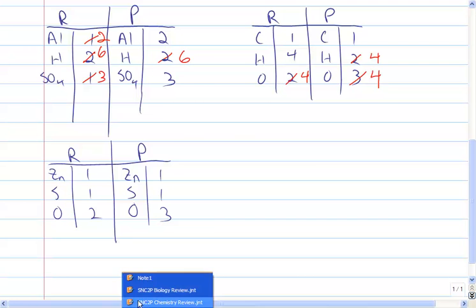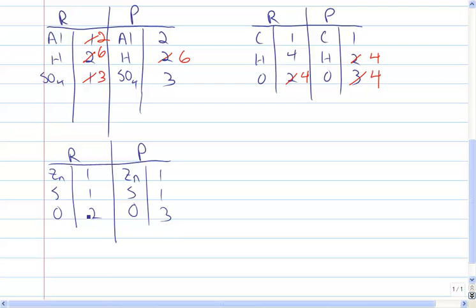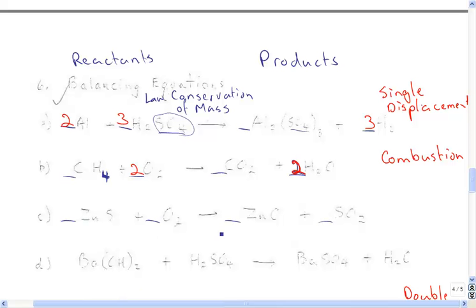Okay, so, but let's go back to that sort of rule. Remember, I can't make an odd number or an even number odd, but I can make an odd number even. Let's go see how we can take care of that on this one here. So we have an even number of oxygens always in the sulfur dioxide.